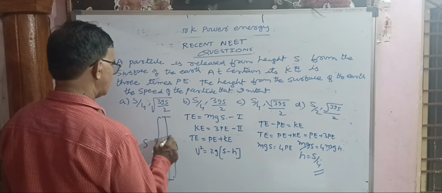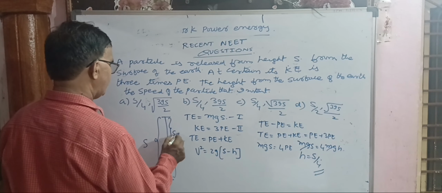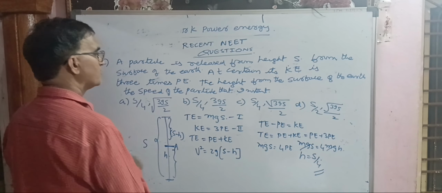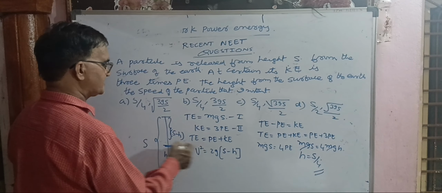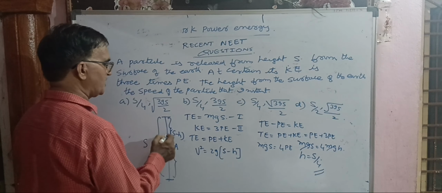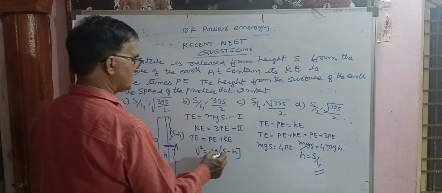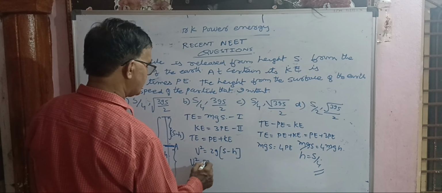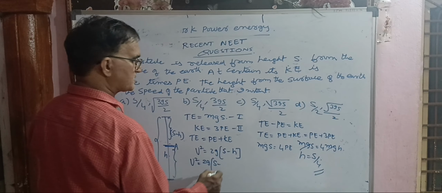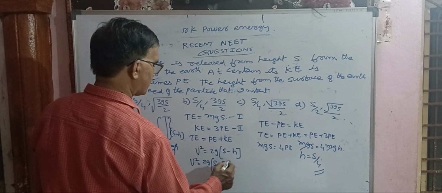Remaining height will be s minus h. At that instant, at this point, the distance travelled by this particle is s minus h. What is h here? s by 4. So v square is equal to 2g into (s minus s by 4).